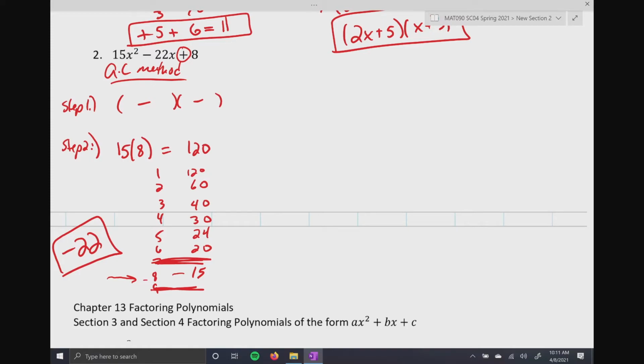We're so close. Here's what you do: 1 through 9, just keep going. How about 10 times 12? That one looks really good. Negative 10 minus 12 is negative 22. So that's what I wanted right there. So just because you wrote 1 through 9, if that doesn't work, you've got to keep going. Okay?